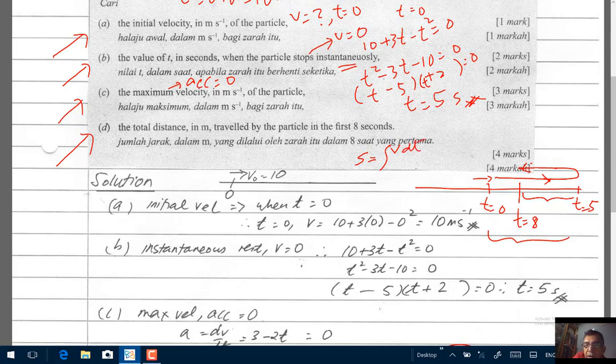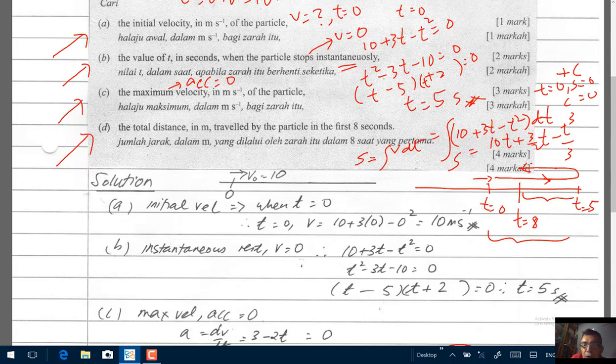We are integrating 10 plus 3t minus t squared with respect to t, and what we will get will be 10t plus 3 over 2 t squared minus t cubed over 3. That's my s. Now there's a plus c here, but when t equals 0, s is 0, therefore c equals 0. I didn't write it in this line.